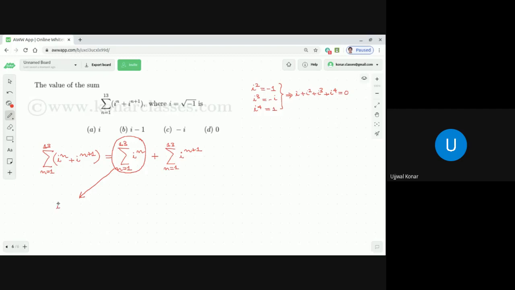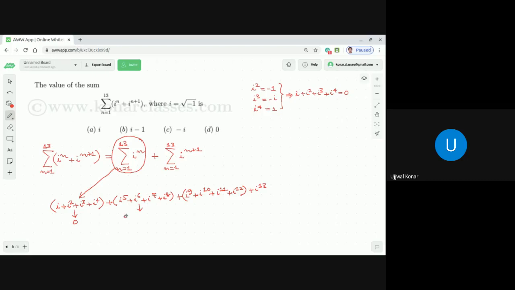It is i plus i square plus i cube plus i^4 that we can club together, plus i^5 plus i^6 plus i^7 plus i^8, plus i^9 plus i^10 plus i^11 plus i^12, these 4 club together, plus i^13. Explicitly if I write this, now this is nothing but 0. This is also 0.